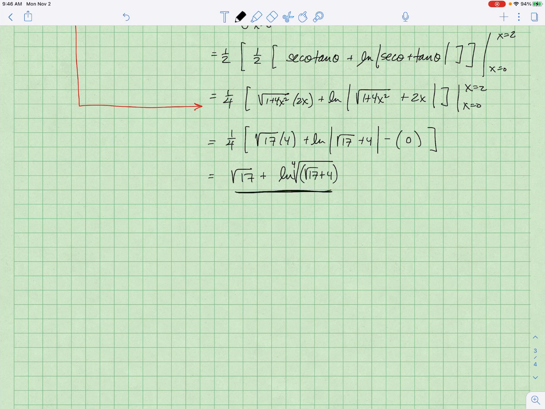It's not pretty. Let's get a decimal approximation for that, if we can. Let's see. Square root of 17 is about 4.123 plus 4 is about 8.123. We'll take the 4th root of that. 4th root is about 1.688, and then we'll take that natural log, and it's about plus 0.524.